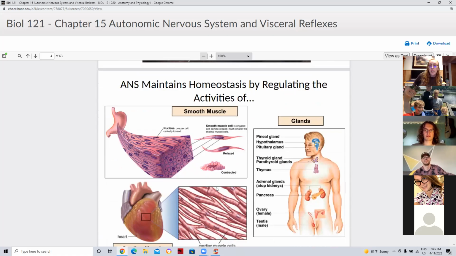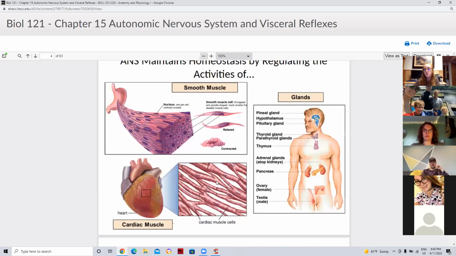Autonomic nervous system maintains homeostasis by regulating the activities of smooth muscle, cardiac muscle, and glands.